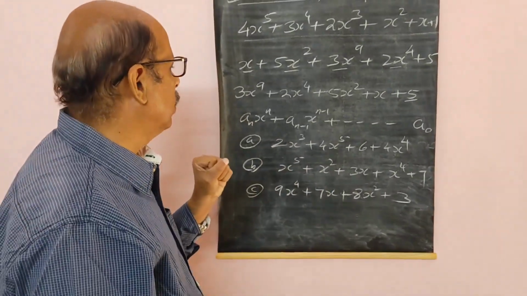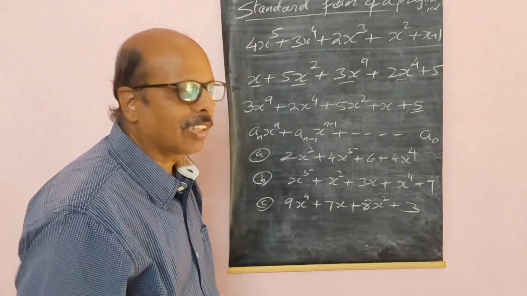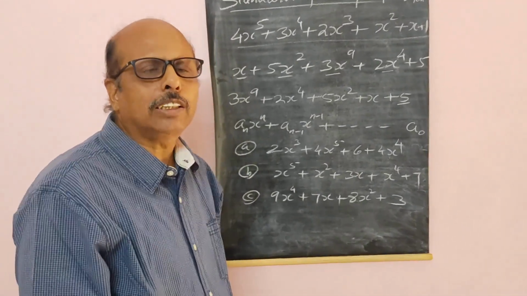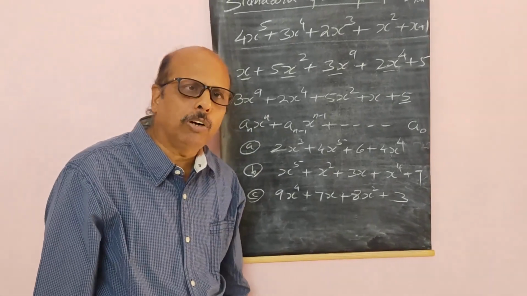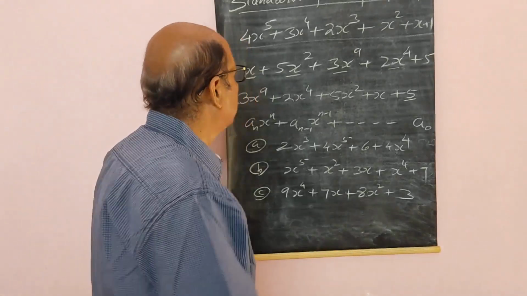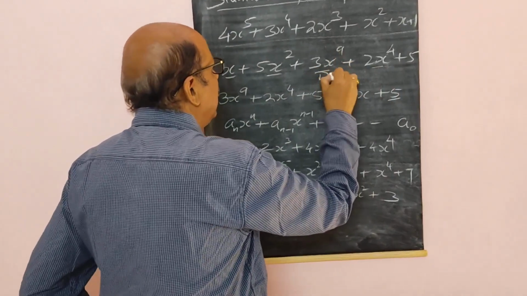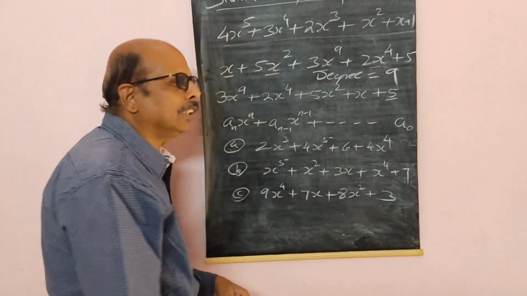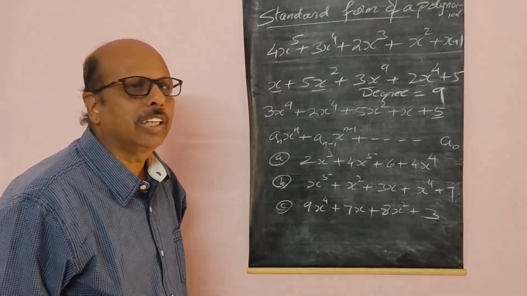Now, the next concept is the degree of the polynomial. Degree of the polynomial is nothing but the highest power of the variable in the polynomial. So if you see this expression, the highest power is 9, so the degree is 9.